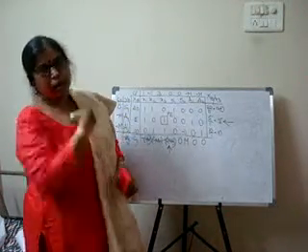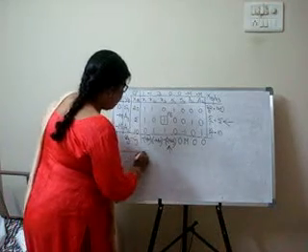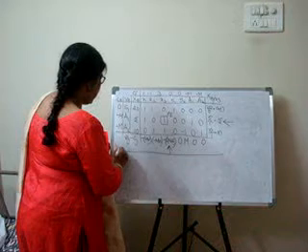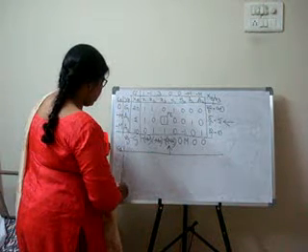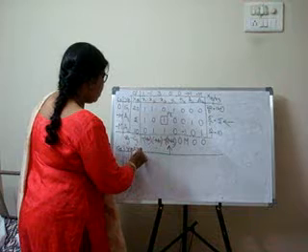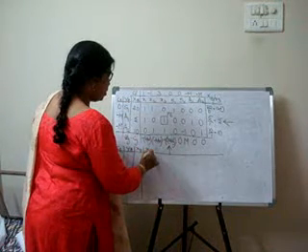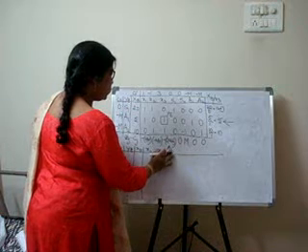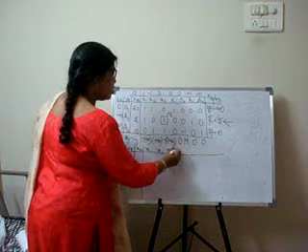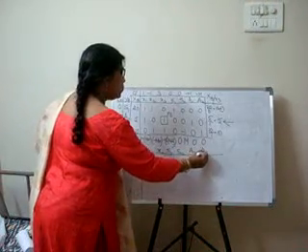Now how do we do it? We see XB, X1, X2, X3, S1, S2, A1, A2.